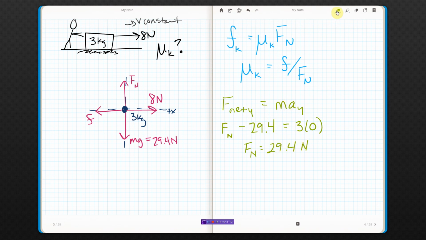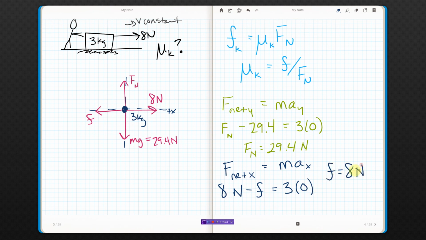In the x direction, F net x equals m a x. I've got 8 newtons to the right minus friction to the left, equals m times a. If this thing has a constant velocity, acceleration is 0. Therefore, friction is 8 newtons.